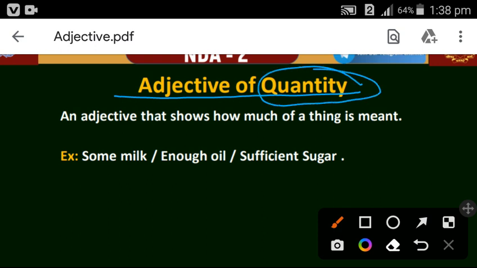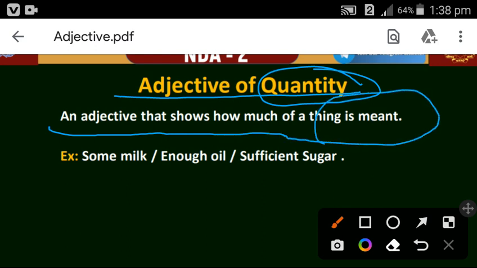Means such an adjective which tells about the quantity of a noun or noun equivalent. An adjective that shows how much of a thing is meant.